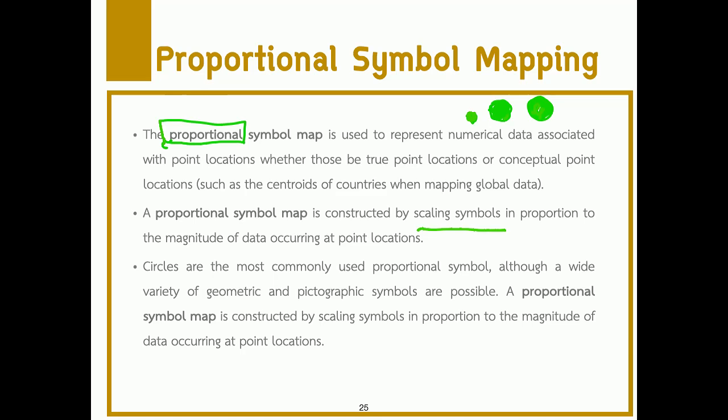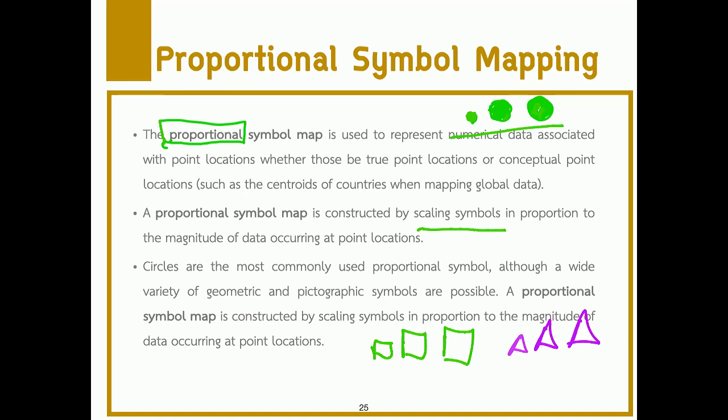Normally we use some easy geometry such as circles, triangles, rectangles to provide the symbol of the features. Like this one, we use circles, right? You can also use rectangles. You can also use triangles, following the magnitude of the data occurring at the point location as well.